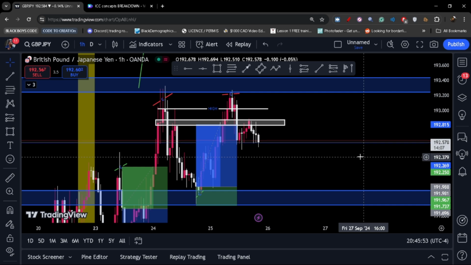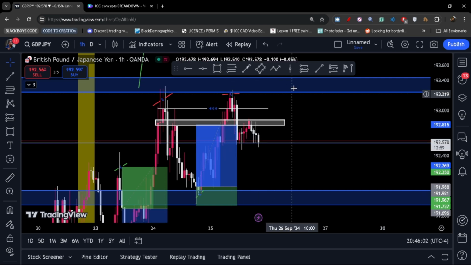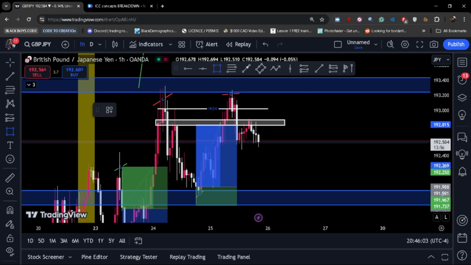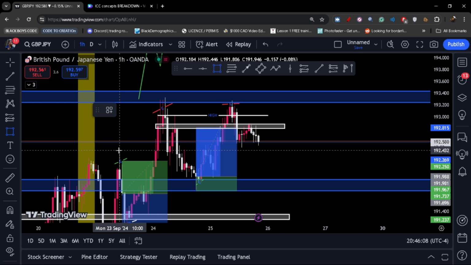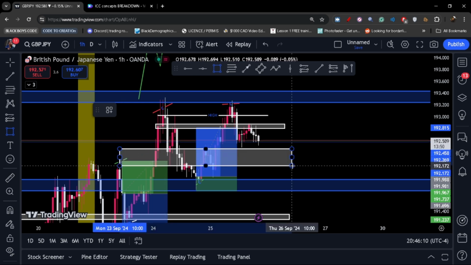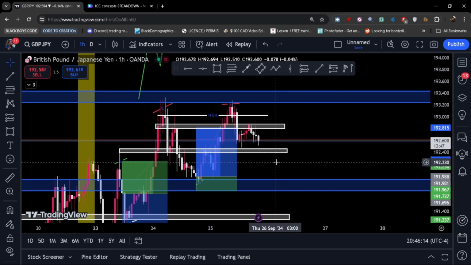But me personally, what I'll do is I'm going to wait for price to give me the next 1 hour entry. If it can give me a 1 hour entry, I'll likely enter here based on the fact that I do see this area of interest here. So boom, I kind of see this area of interest.